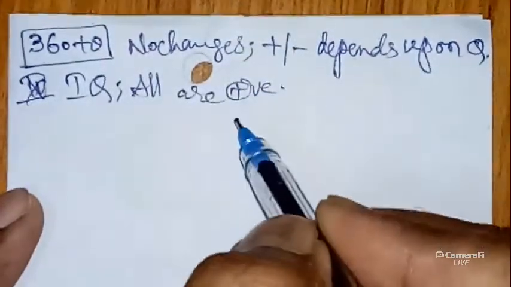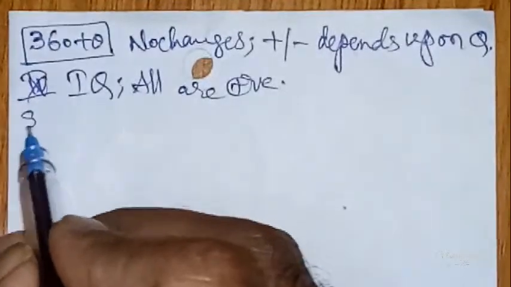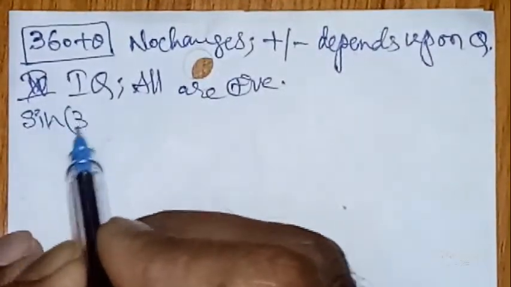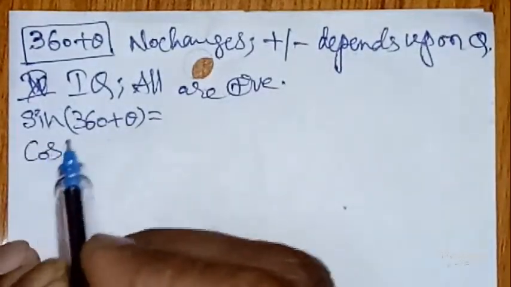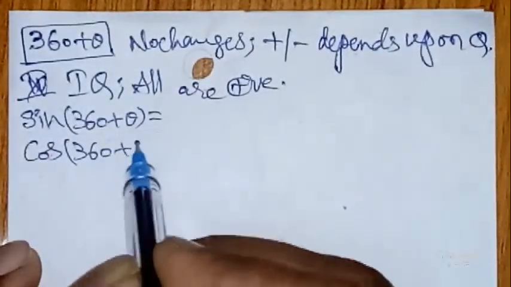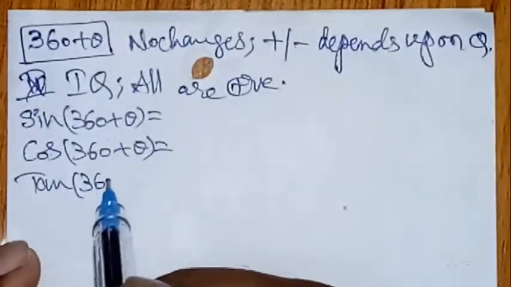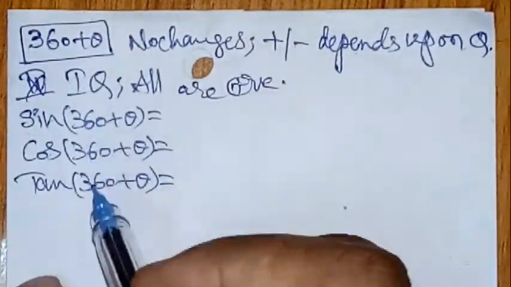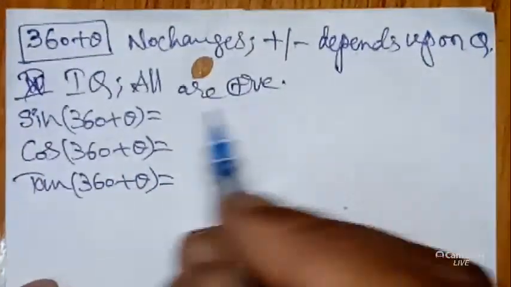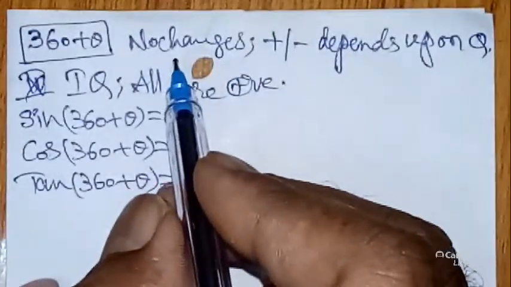We can remember this concept. So for 360 plus theta, I wanted to write sine 360 plus theta, cos 360 plus theta, tan 360 plus theta. Later I wanted to write the three reciprocal values. Here all are positive and we can remember no changes.